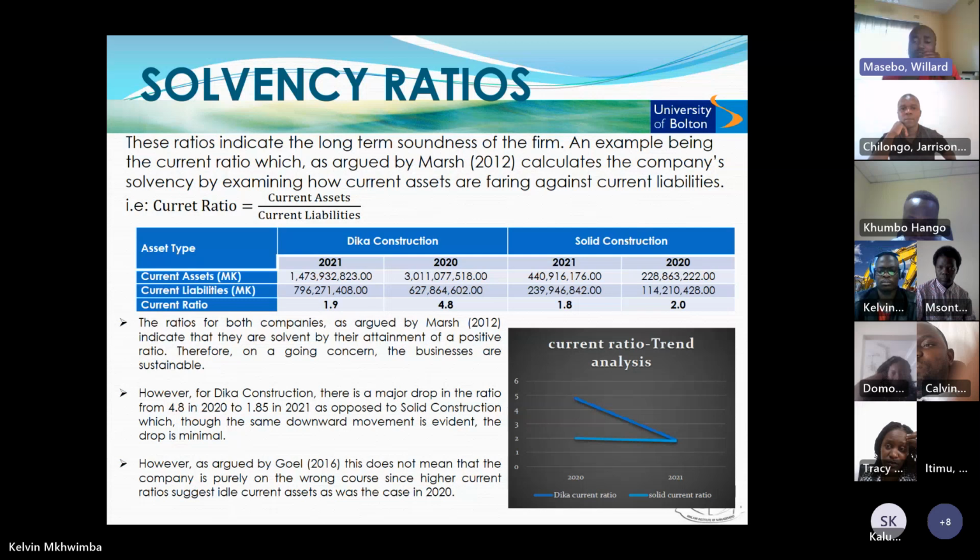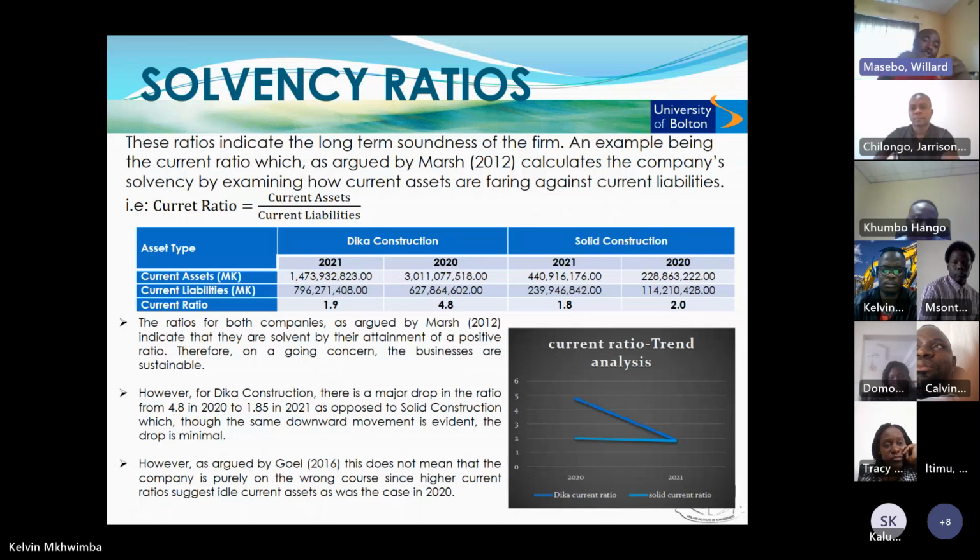Similarly, for Solid Construction, we see that the current ratio moved from 2% to 1.8%, which is also a decrease. As you look at the graph there, you see that Dika had a huge decrease. It was actually going towards the negative direction, but the good news is that in terms of the ratio, they're still on the positive side.